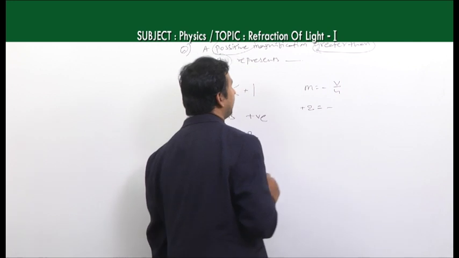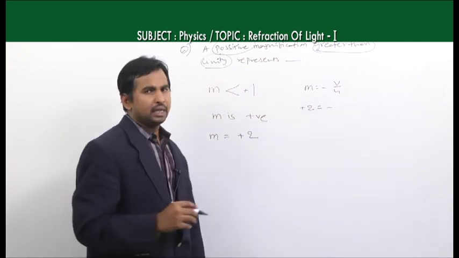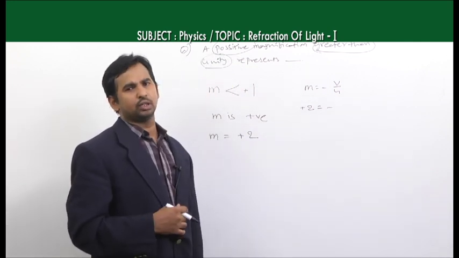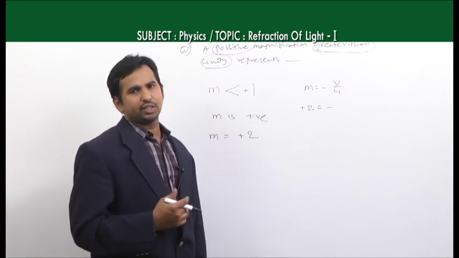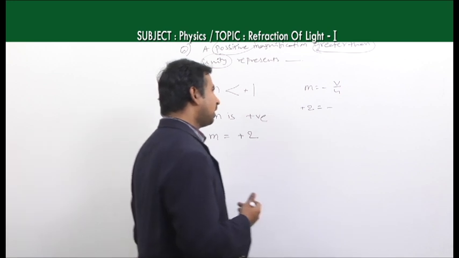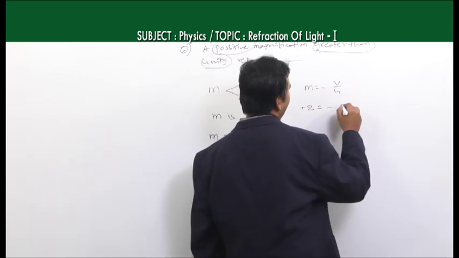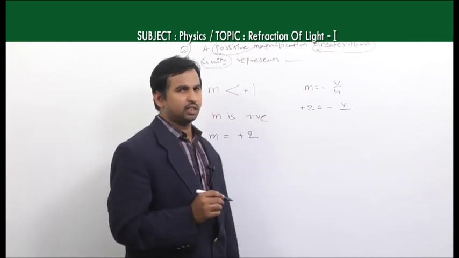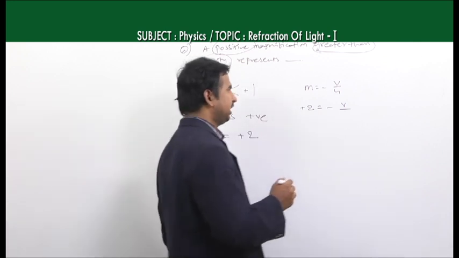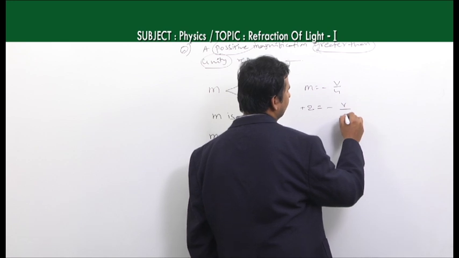If you apply the sign convention here, the given one is positive magnification, which is the case of the convex lens. Then we get the image distance v, and the object distance is always taken as negative, which is minus u.